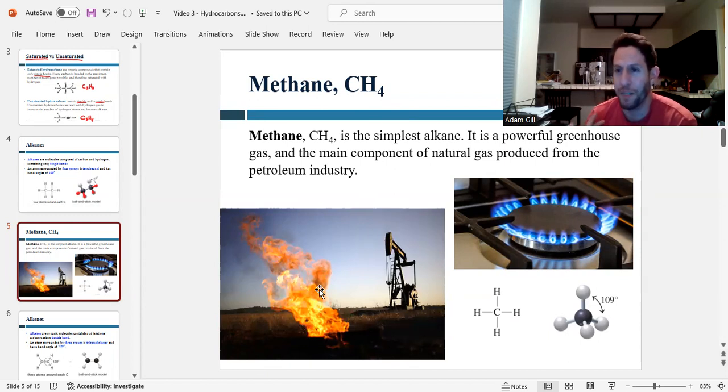That way it doesn't build up and explode possibly. So they just burn it as it comes out of the ground because there's so much of it. But the excess, they pipe into your homes as natural gas. So you run your stove basically on methane gas. That's the number one use for methane.